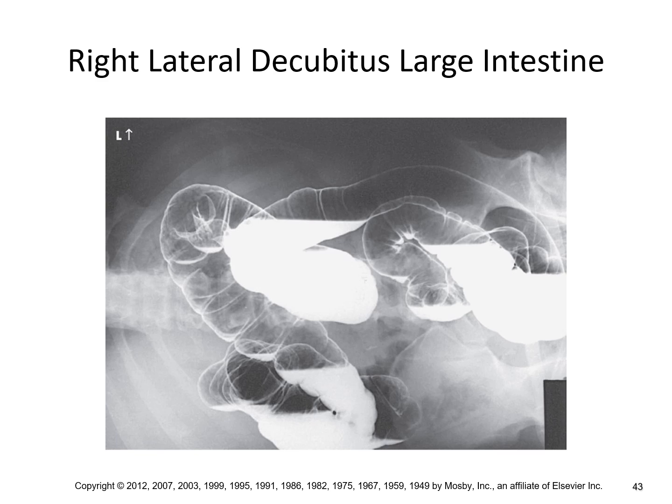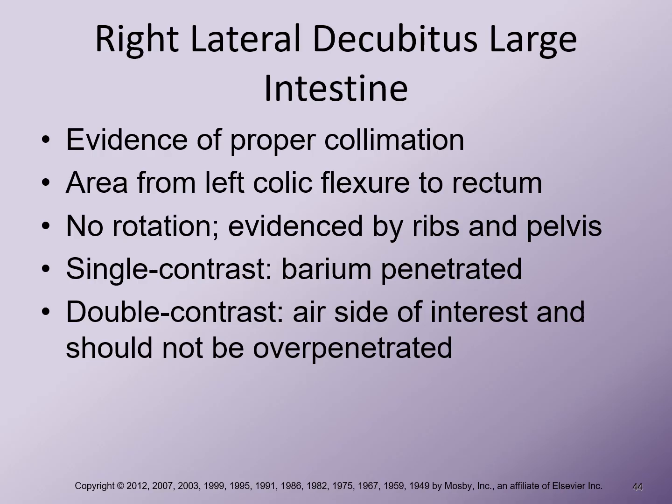There is some trapped barium halfway down the descending colon that is partially obscuring the view of part of the transverse colon. Okay, most of the descending colon can be visualized in air contrast, and about half the rectosigmoid region can be visualized in air contrast. Okay. And so the area from the left colic flexure to the rectum is the air.